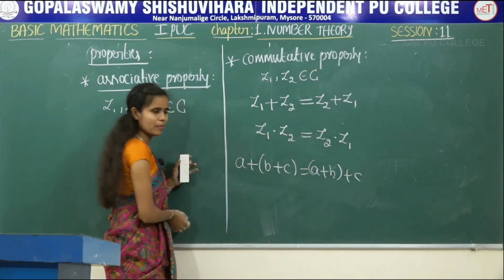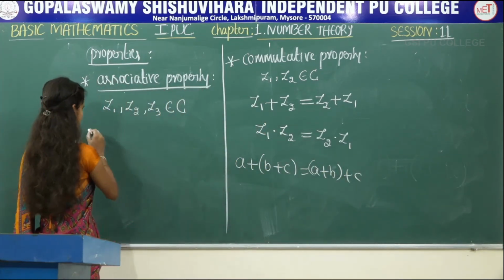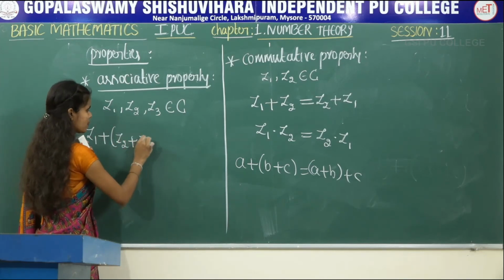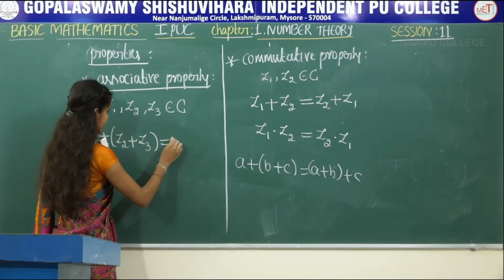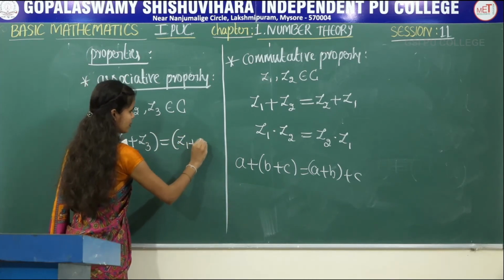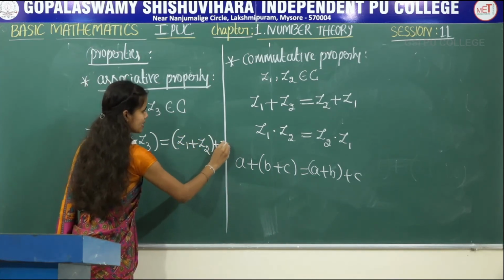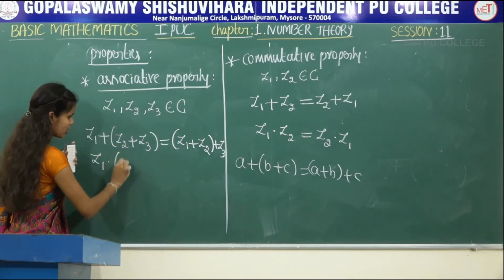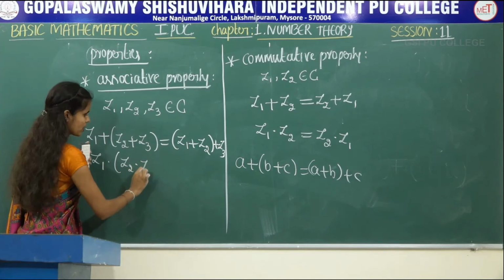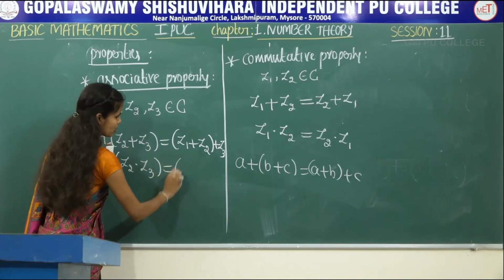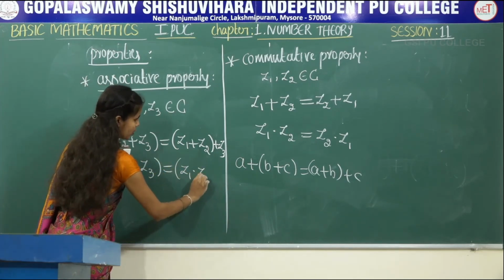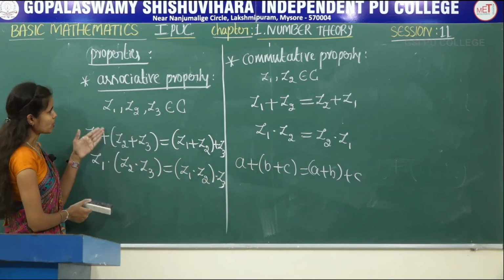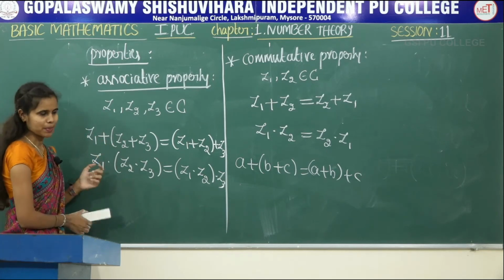So here, in place of A, B, C, consider Z1, Z2 and Z3. Z1 plus Z2 plus Z3 is equal to Z1 plus Z2 plus Z3. Under multiplication, Z1 into Z2 into Z3 is equal to Z1 into Z2 into Z3. So these two are called the associative property.